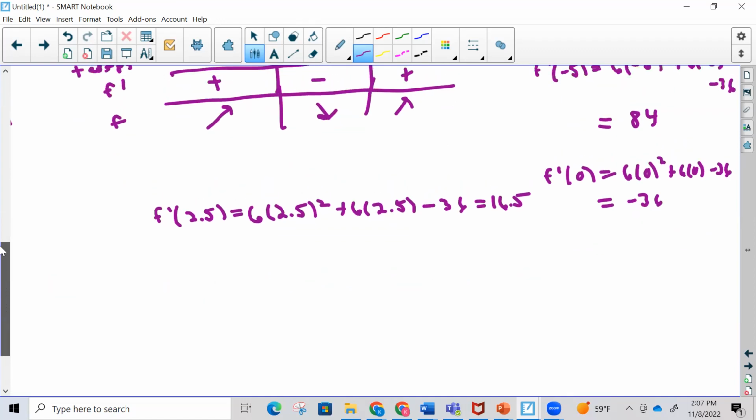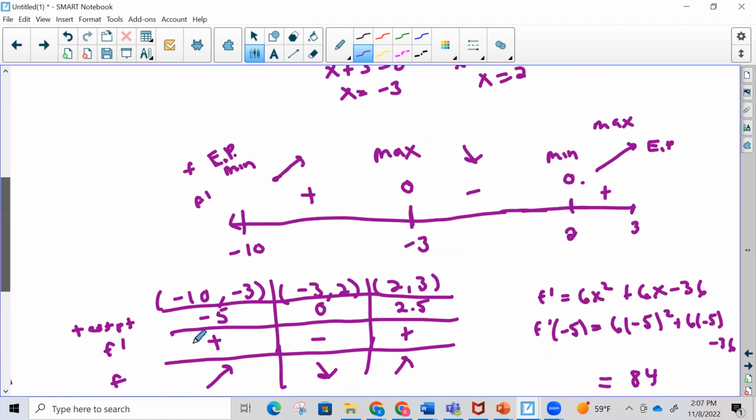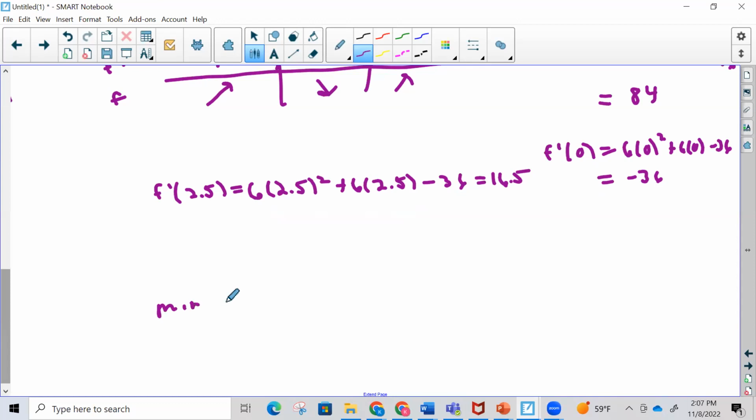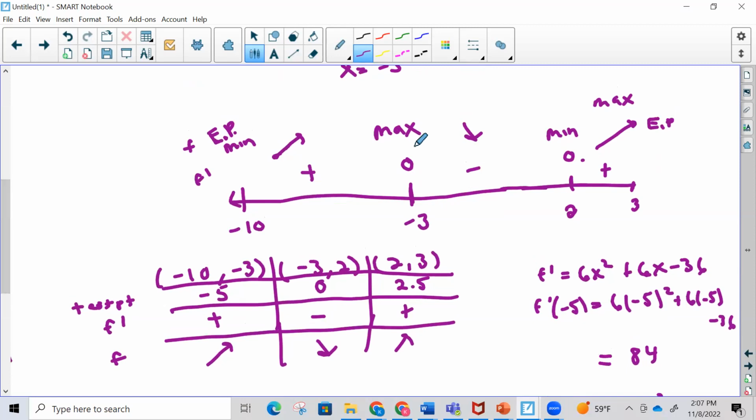If they just said where, you would give the x values. So you would say, okay, I have a min at x equals 2 and x equals -10. And I have a max at x equals -3 and x equals 3.